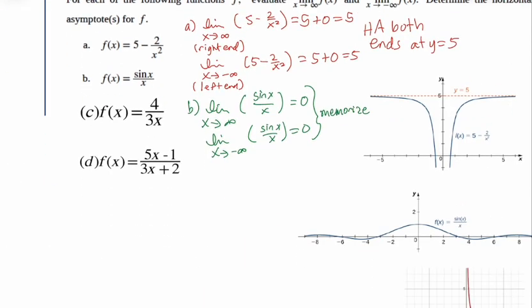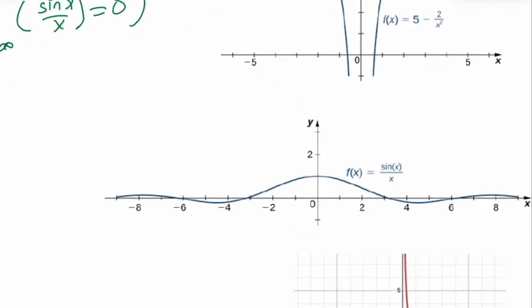If we look right here, this is what the graph does. It's kind of acting like a sine wave, but we're going to keep dividing by something bigger and bigger and bigger. So that +1 and -1 keeps being divided until it gets smaller and smaller.